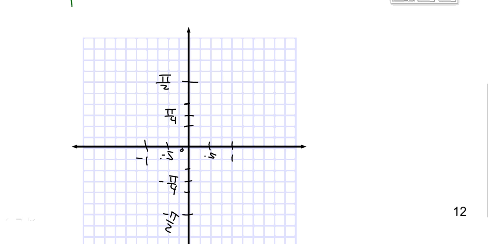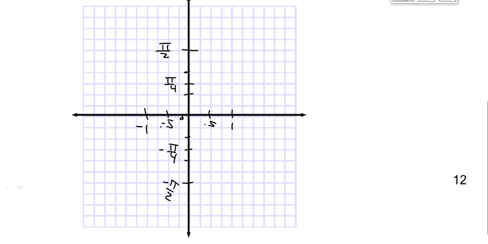Okay, so I can't see the graph, so you have to help me a little bit. Let's see what we've got. At negative 1, where am I? Negative pi over 2. At negative 0.9, I'm where? And pi over 3 we said is this one. So negative pi over 3 is at, that's as close as I'm going to get.